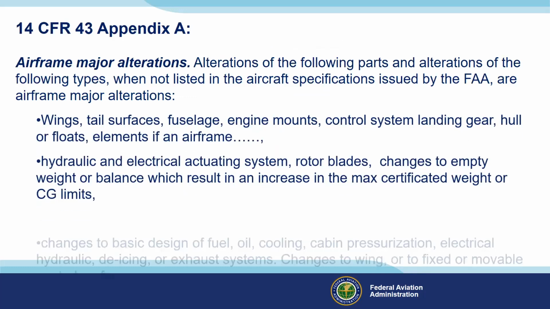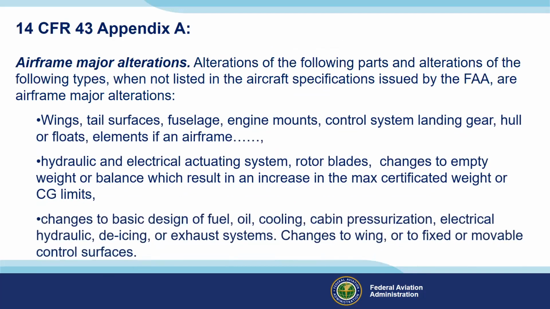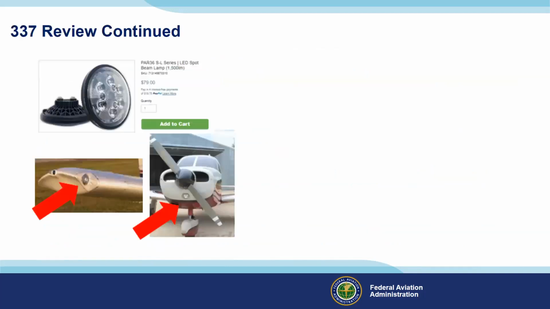But then I got to thinking, is just replacing a lamp with a different type of lamp a major alteration? Kind of got me thinking there. I continued my review and I saw that this Aerolites, oh, there's a picture of the aircraft STC, added the wingtip light.